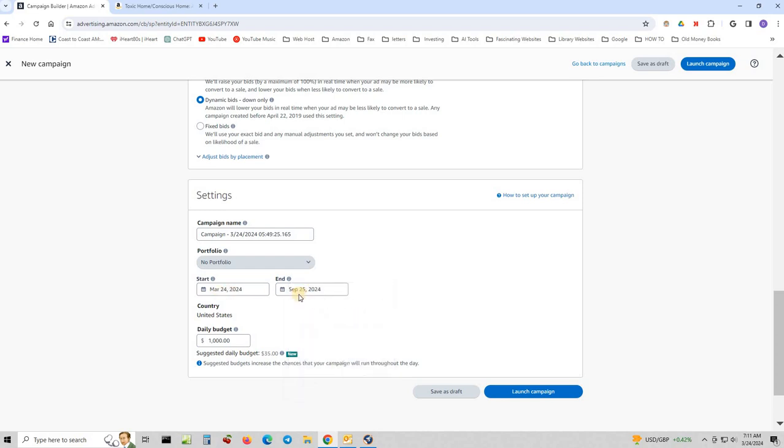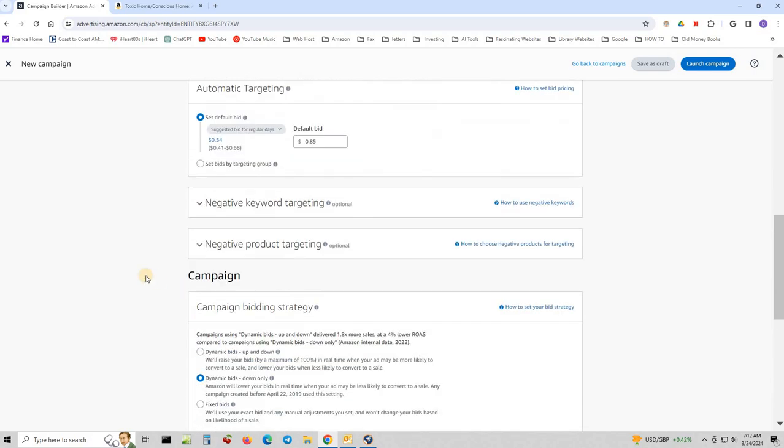Put it for the 25th, or whoops, not September, March 25th. Probably midnight. United States, 100, not 1,000. Say you're willing to blow $100 to get some data.